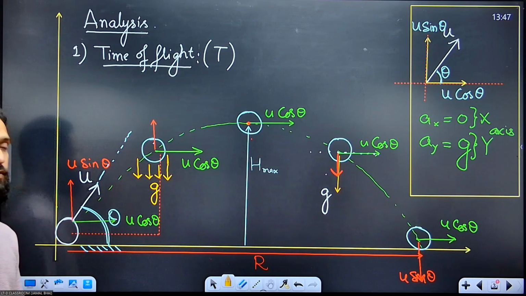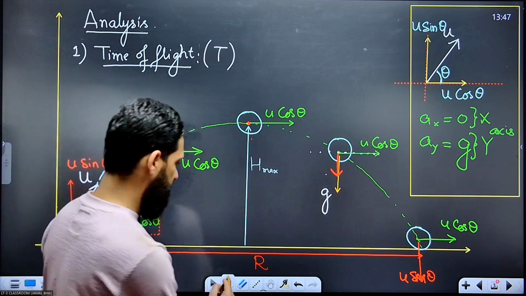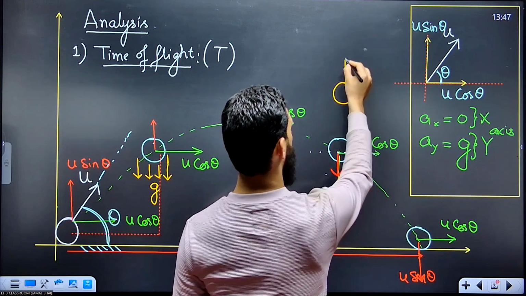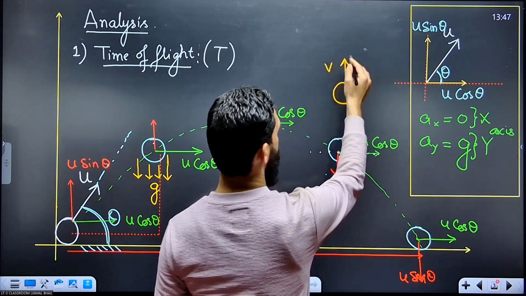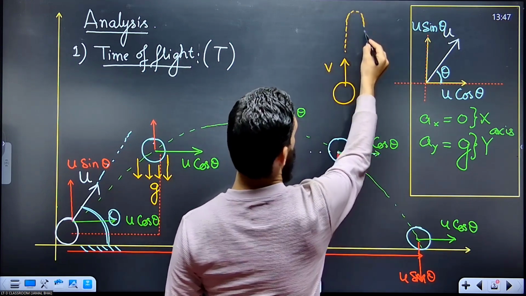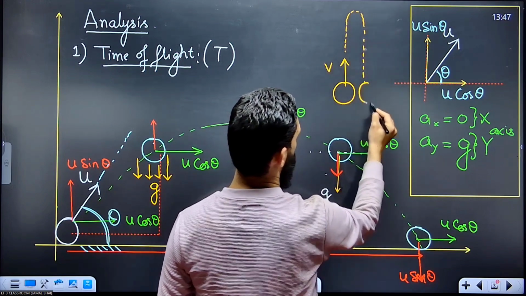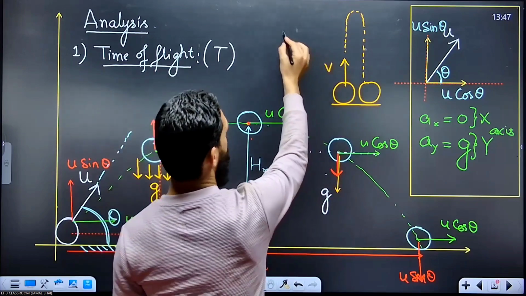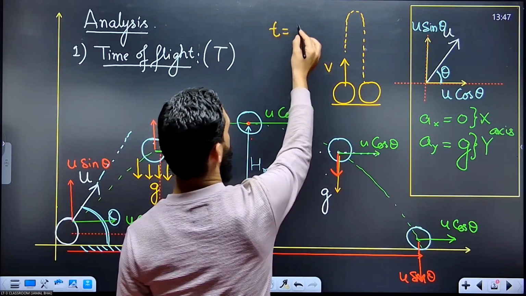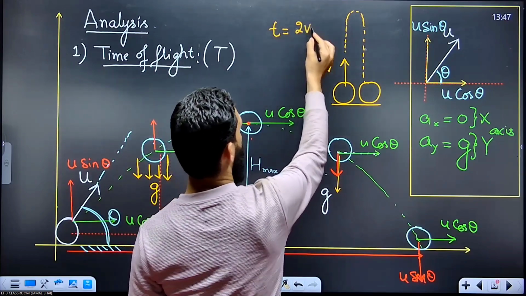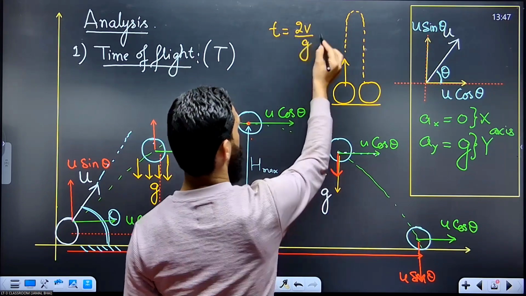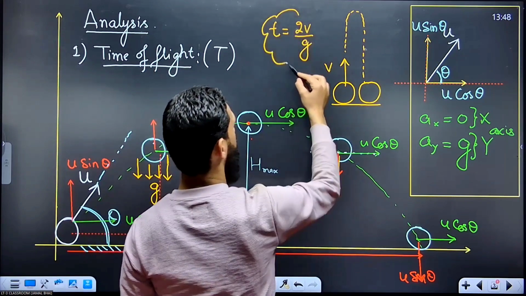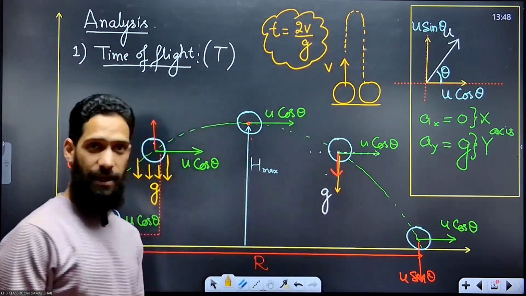We have already studied in one-dimensional motion that when a body is thrown up with some velocity v, and the body comes back to the same point on the ground, the time taken throughout this motion is twice v divided by g, 2v by g. Okay, this was already taught in one-dimensional motion.